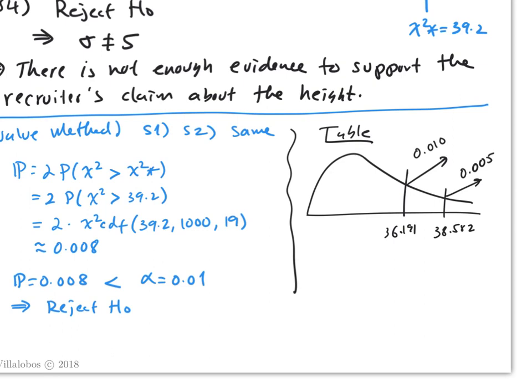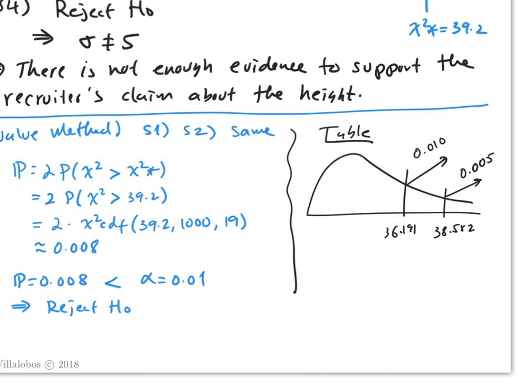Since 39 is somewhere here, all you have to do is pick something less than 0.005. So you could pick like 0.001, but anything smaller than this will still give you the same conclusion. In our case, the calculator gives you the precise value, but you don't need to have the precise value.